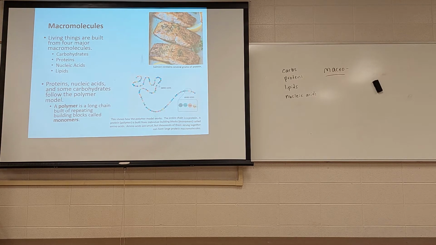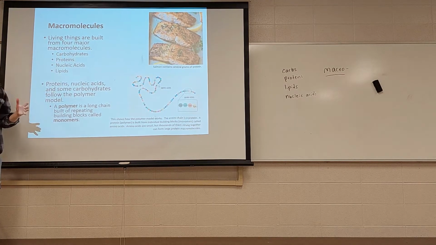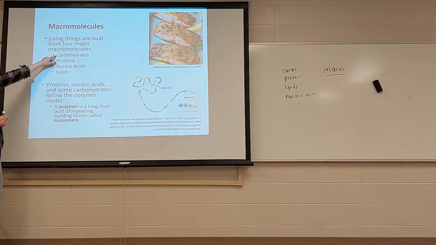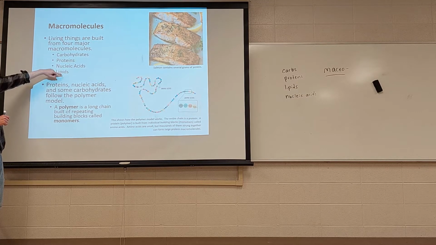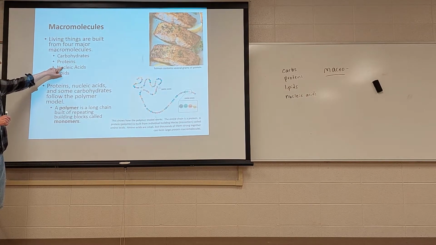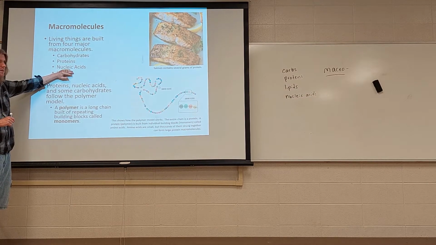All right. So 3 of these have a unique structure in terms of how they're set up, and that would be carbohydrates, at least some of them, all proteins, and all nucleic acids. Lipids are kind of the odd one out in terms of how they're built.